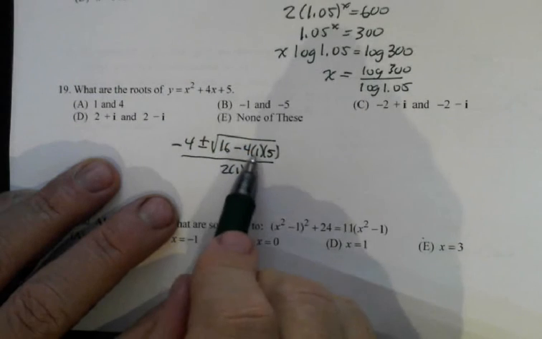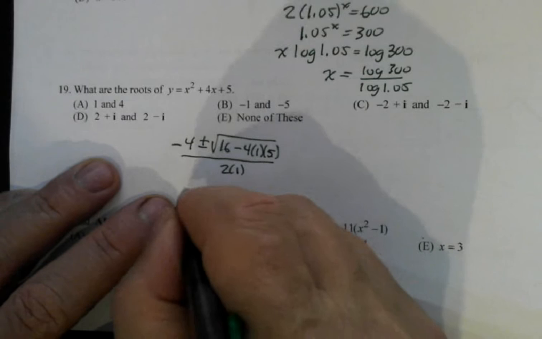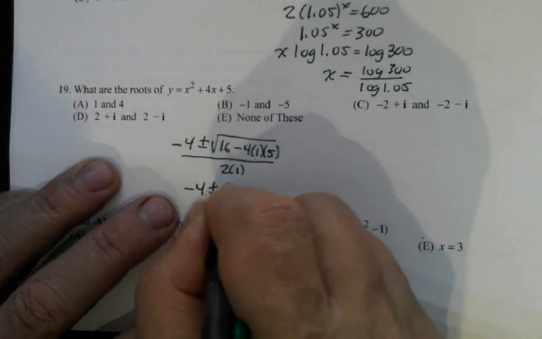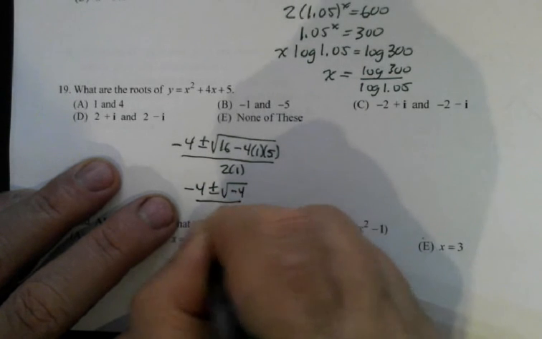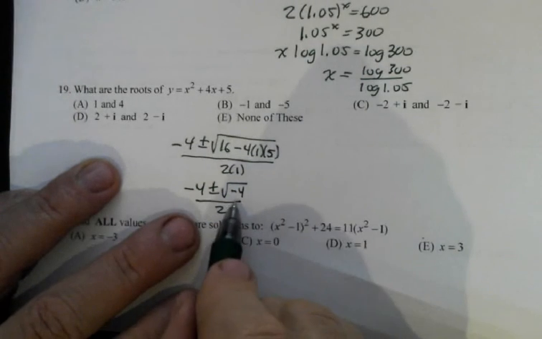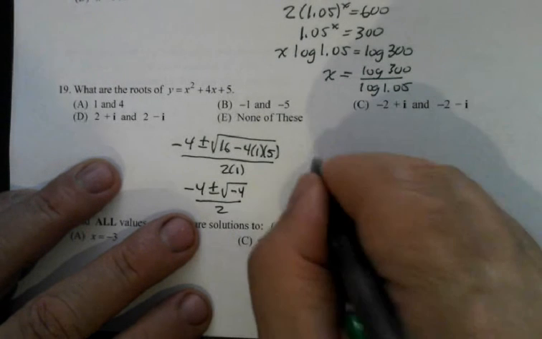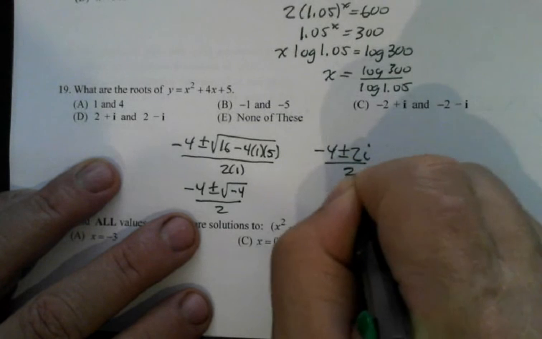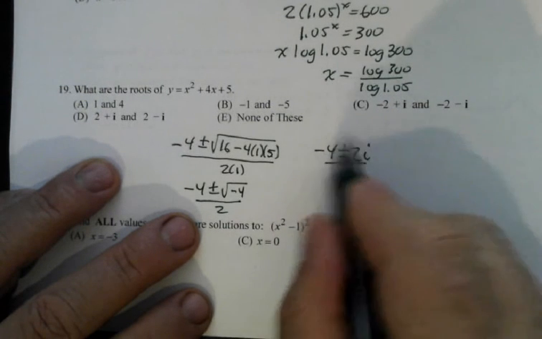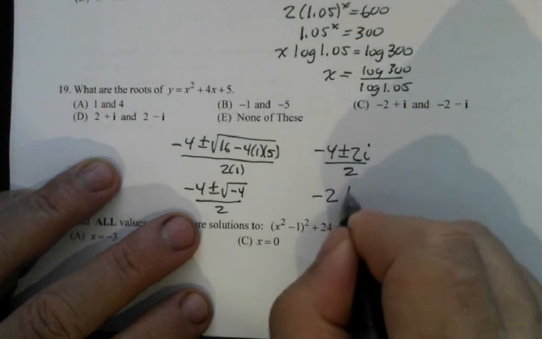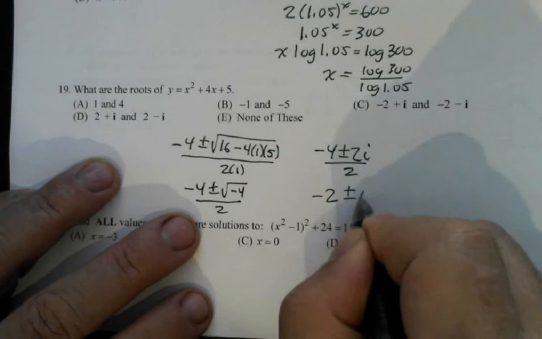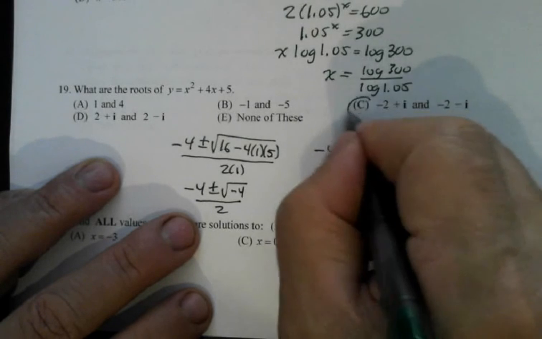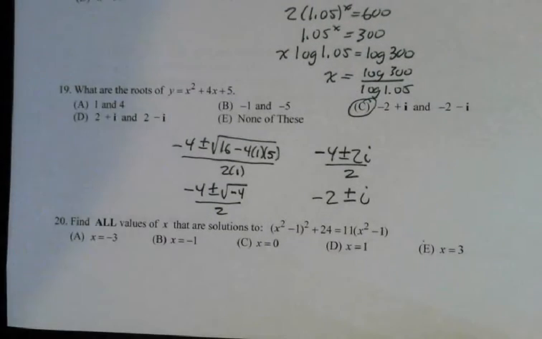Well, 16 minus 20, that's negative 4. Square root of negative 4, that's going to be 2i. So I get negative 4 plus or minus 2i over 2. Reduce them all by 2. I get negative 2 plus or minus i. So negative 2 plus i and negative 2 minus i.